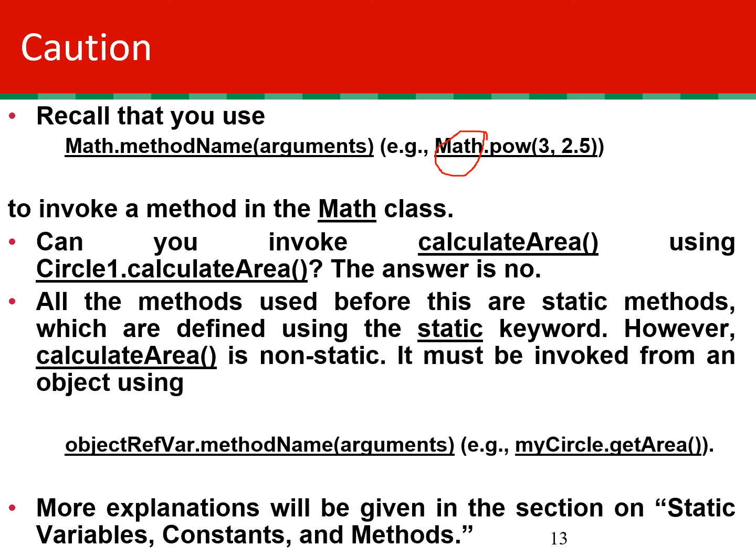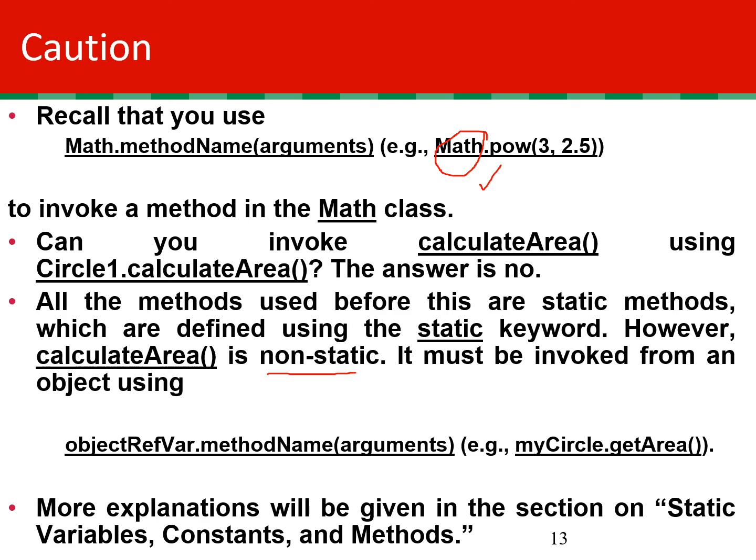No, you cannot. It's different because all the methods used before this are static methods. Even the ones in the Math class, the methods are defined as static. When you define it as static, you can use it straight away. But the one that we have just now in the Circle class, calculateArea, the only method just now, is not defined as static.